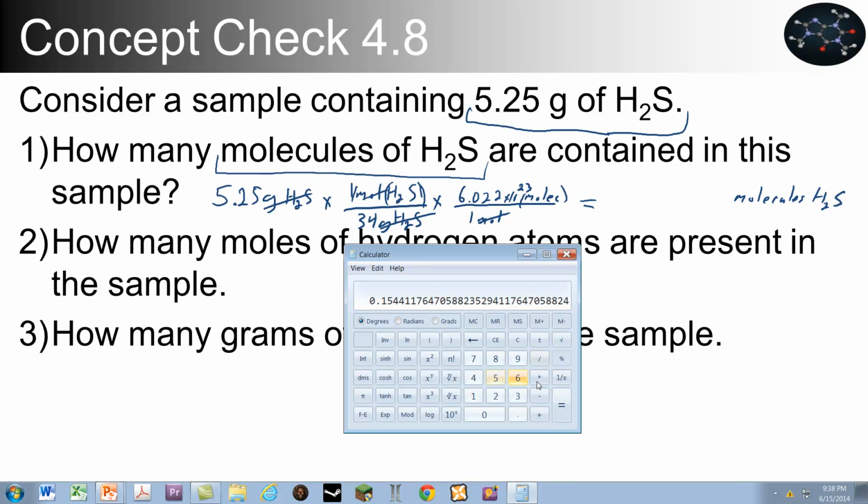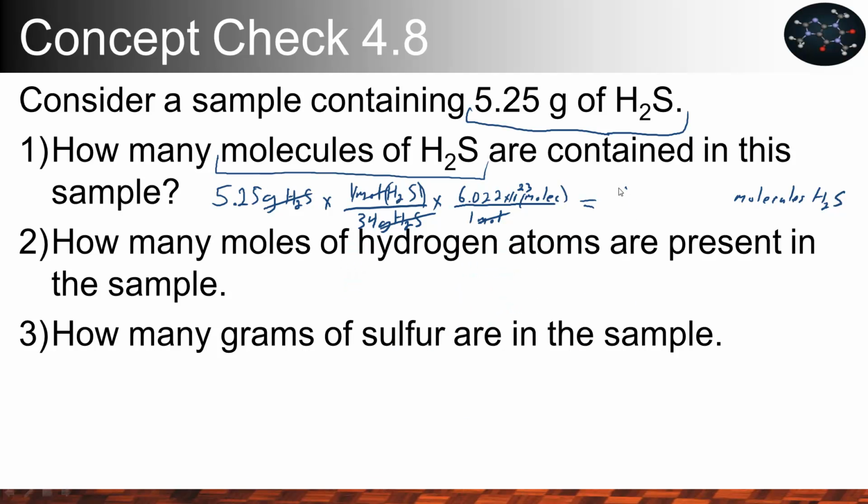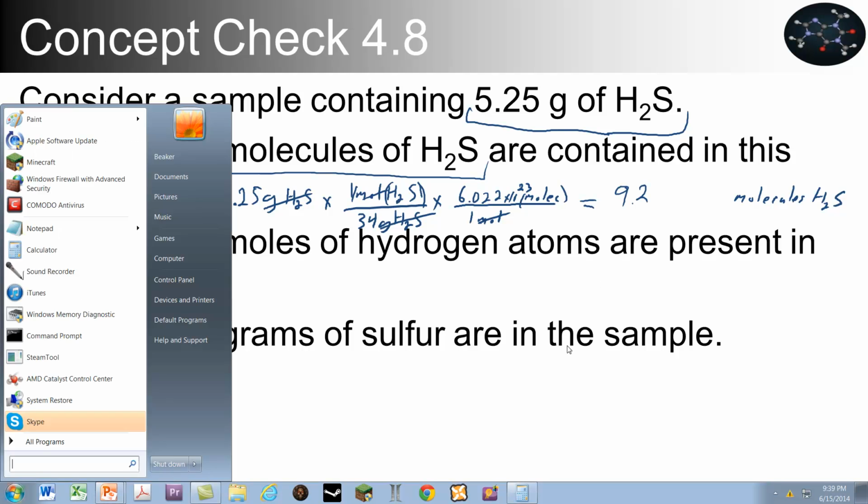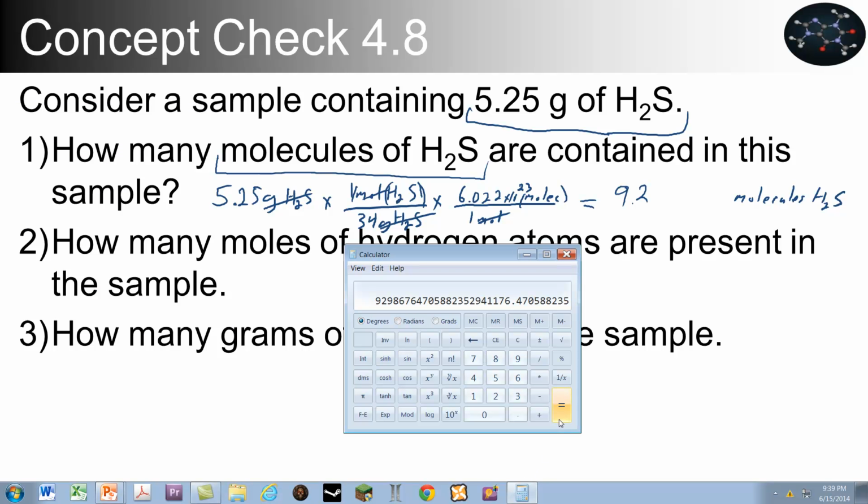Each mole having 6.022 times 10 to the 23rd power. Let's count: 1, 2, 3, 4, 5, 6, 7, 8, 9, 10, 11, 12, 13, 14, 15, 16, 17, 18, 19, 20, 21, 22. All right, so we have 9.29 or 9.30.